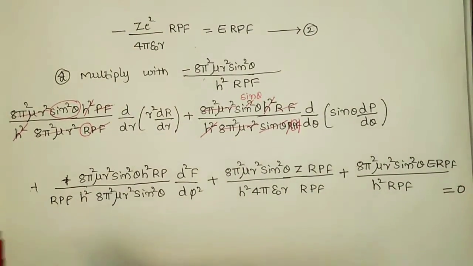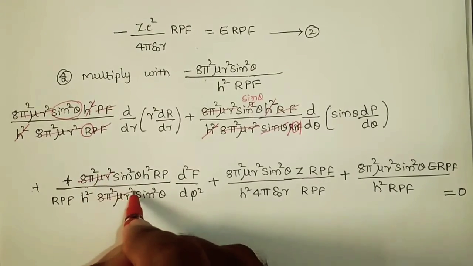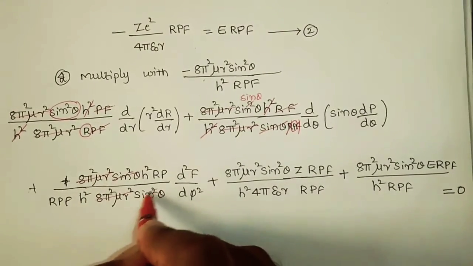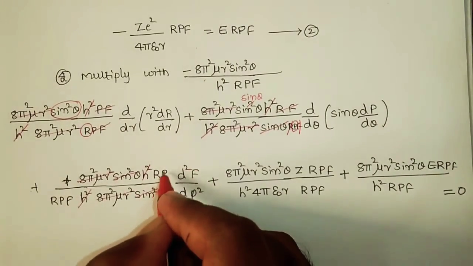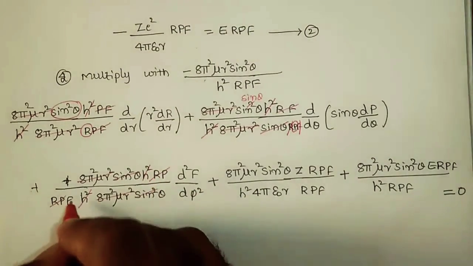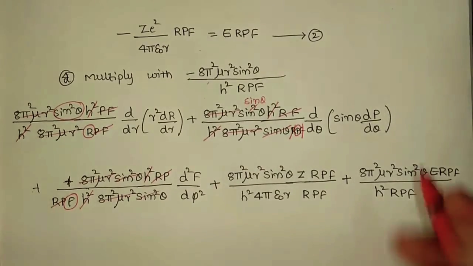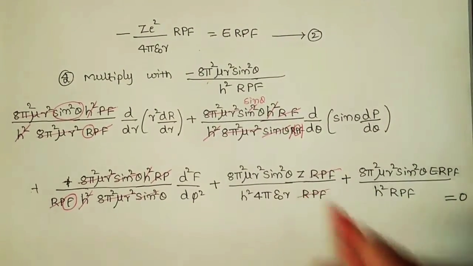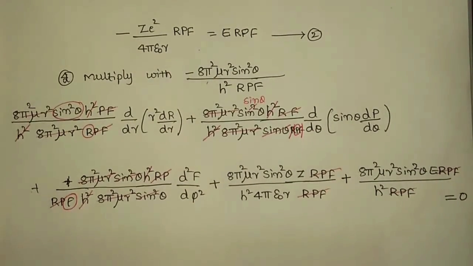And here 8 pi square mu r square, sine square theta, h square got cancelled, rp got cancelled. So here left with only the f term. Okay, so rpf will get cancelled.